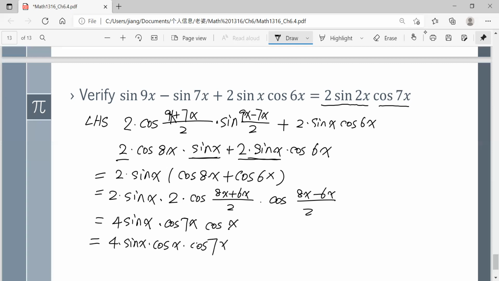Do you still remember that sine 2x equals 2 times sine x cosine x?